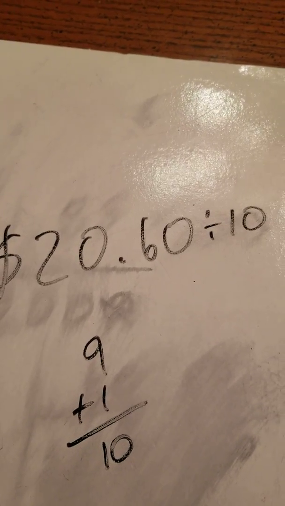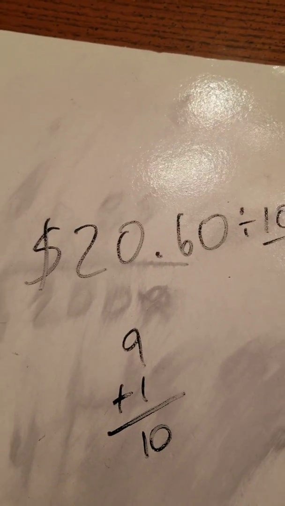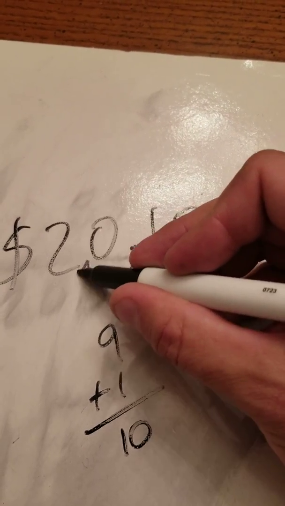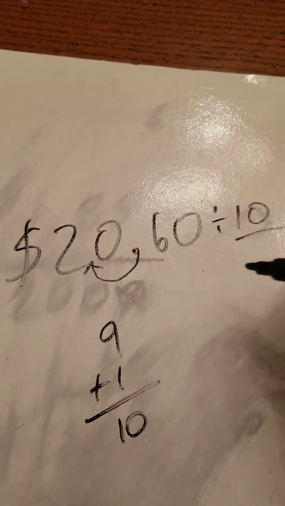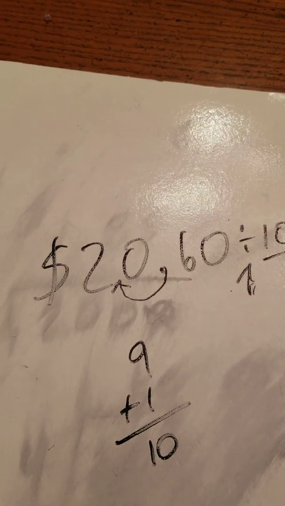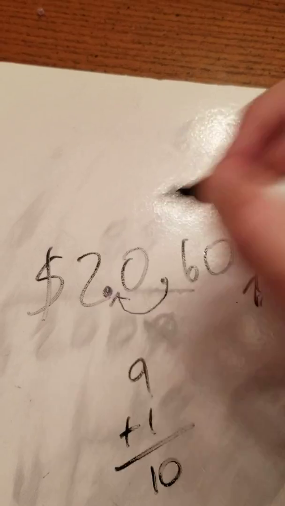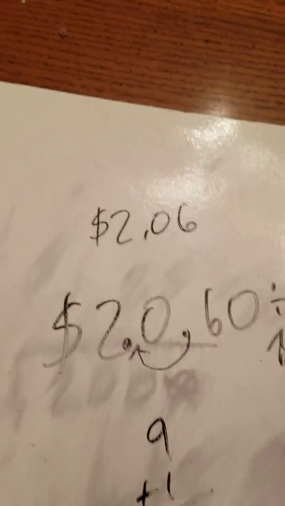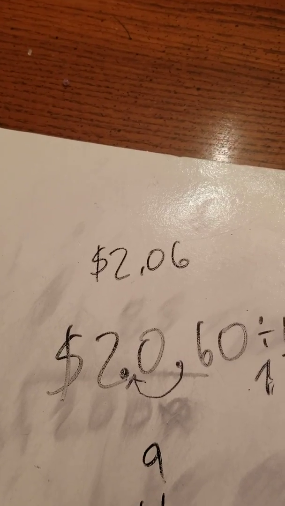And if you look here, we do have a power of 10 with 1 zero. So all we have to do is move our decimal 1 spot to the left. We're moving it to the left because dividing is going to make it smaller. And so if we move that number here, we are going to have an answer of $2.06 per person.